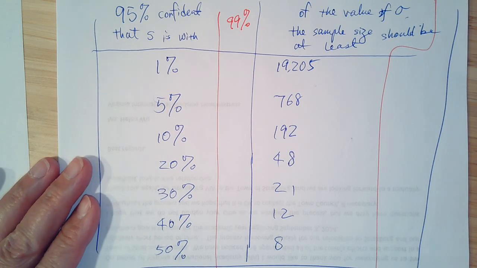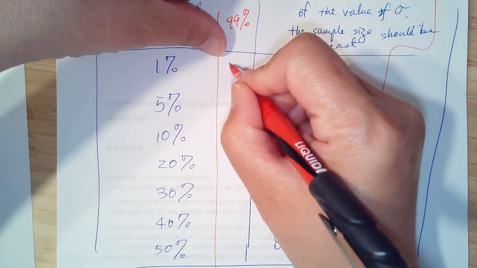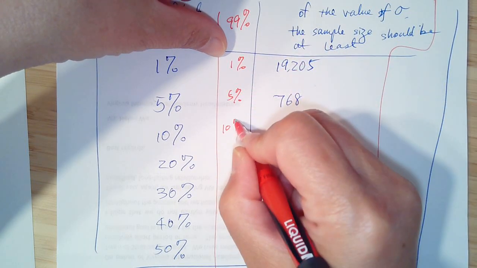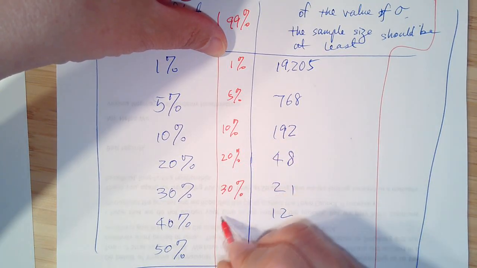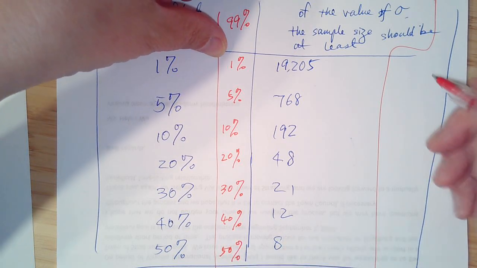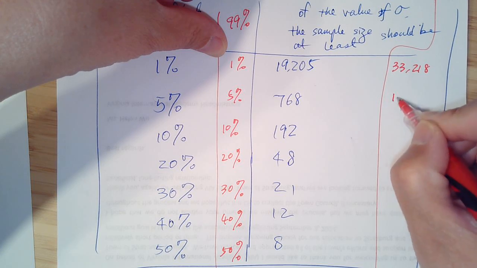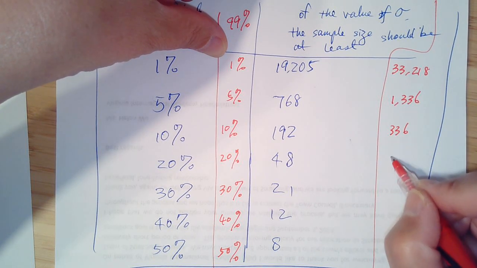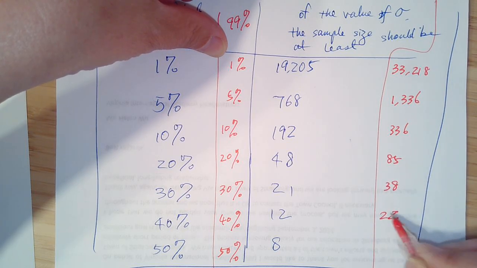Okay, so if you want to be 99% sure that S is within 1%, 5%, same thing, 10%, 20, 30, 40, and 50%, let's see what your sample size is. Here should be 33218. This one should be 1336336. Then 85, 38, 22, and 14.